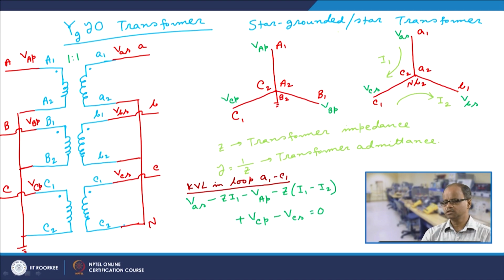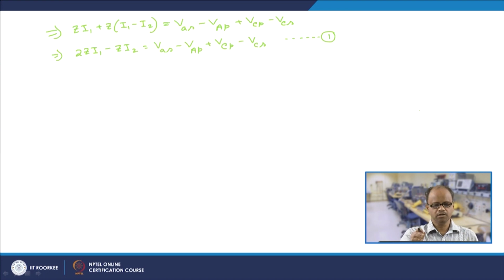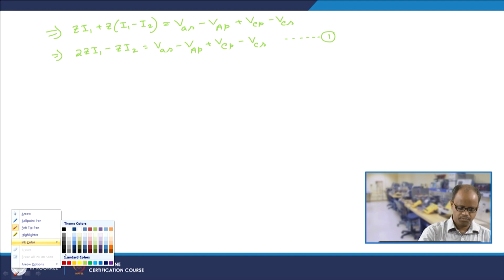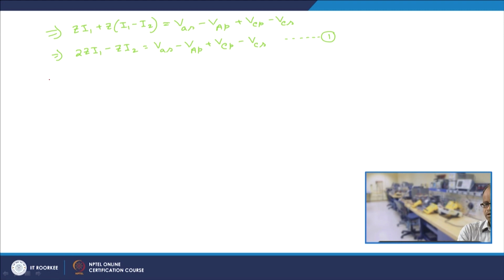Now, we consider another loop. Now, we consider the loop C1 B1. So, we write the KVL equation in the loop C1 B1.